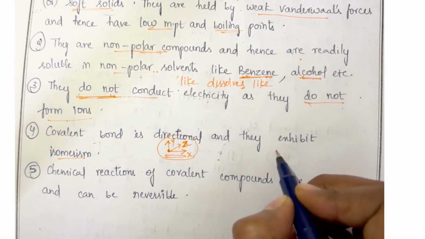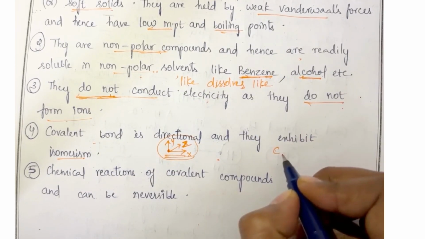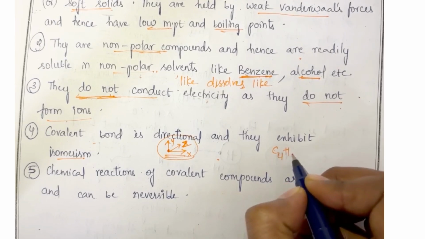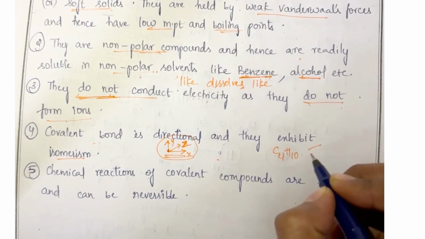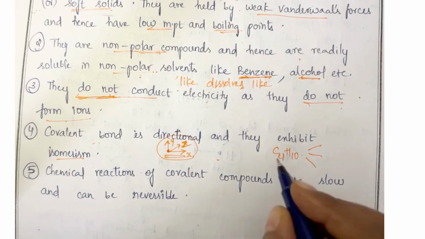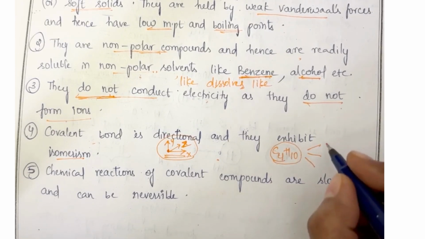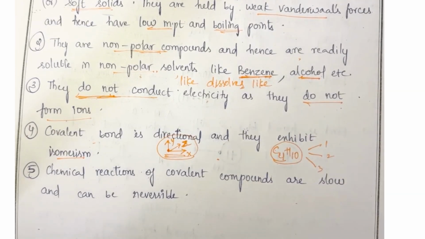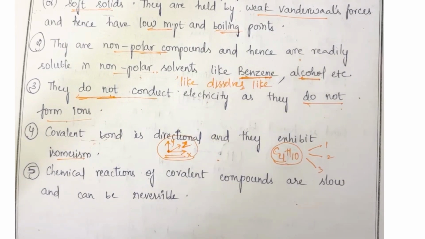That means one compound, suppose if you take C4H10, you can write this in multiple forms. One compound can exist in more than one different forms and hence such behavior is called isomerism. This is exhibited only by the covalent compounds but not by ionic compounds.